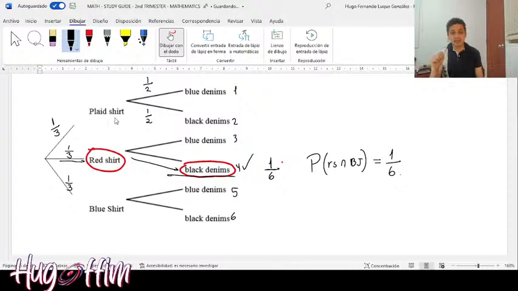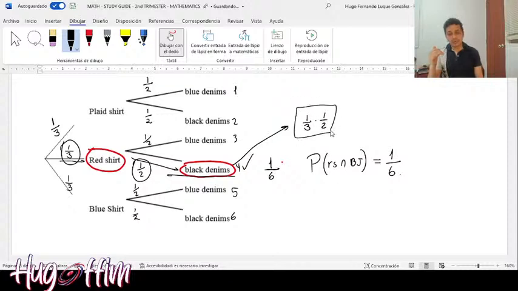Let's say that I know that it's a plaid shirt, so I'm going to divide it in two parts, 1/2 and 1/2. And if somebody asks me what is the probability of getting a red shirt and black jeans, I just need to multiply these two, 1/3 times 1/2, and I'm going to get 1/6.